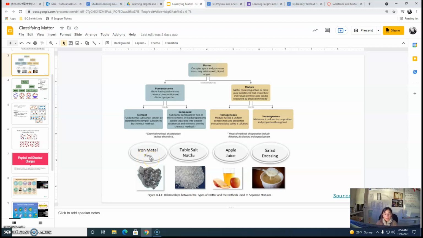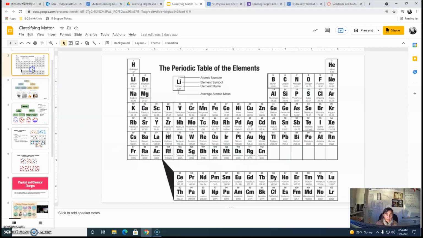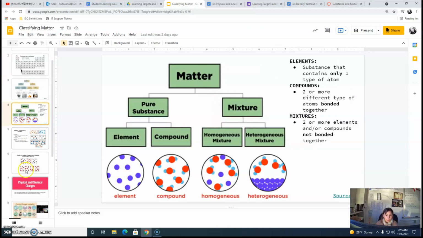Fe is the chemical symbol of iron. You can find it on your periodic table, which looks like this, and all of the elements that we know of in the universe are found on the periodic table. So in an element, all of its atoms are identical to each other, and that's what an element looks like when we use these dot diagrams.